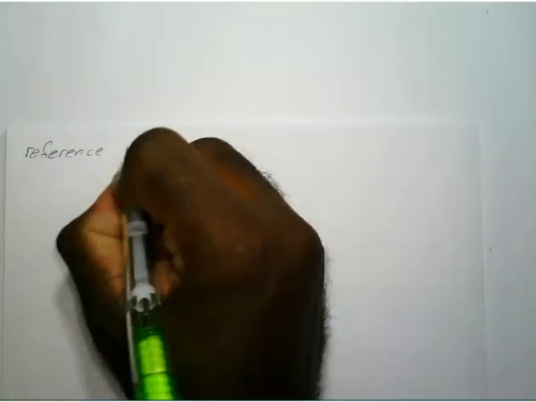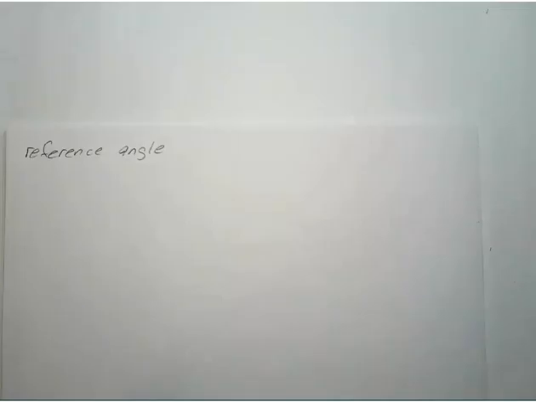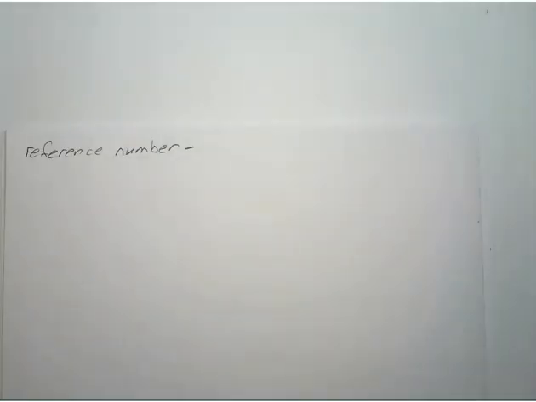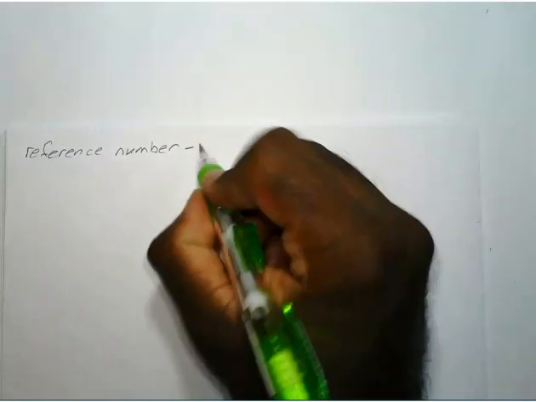Okay, so what is a reference angle? Or reference angle, reference number. Now with our reference number, it's the shortest distance from the x-axis to the terminal point on the unit circle.